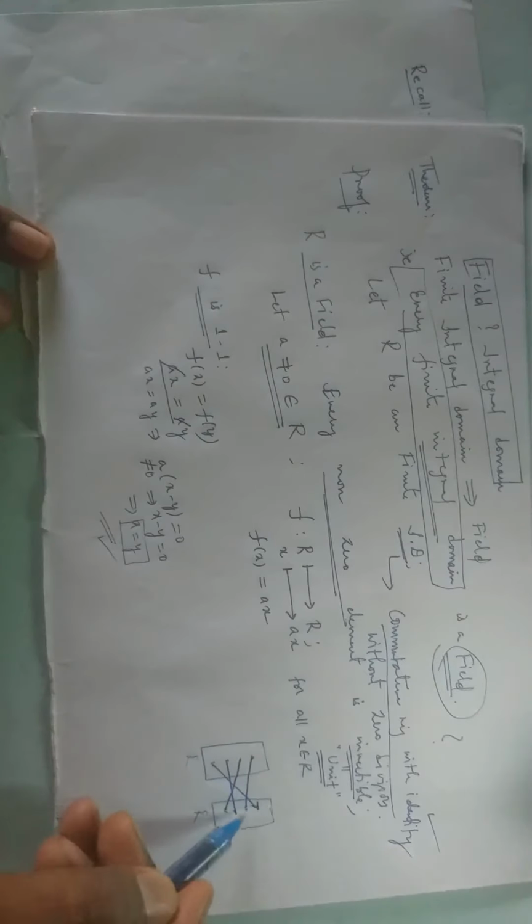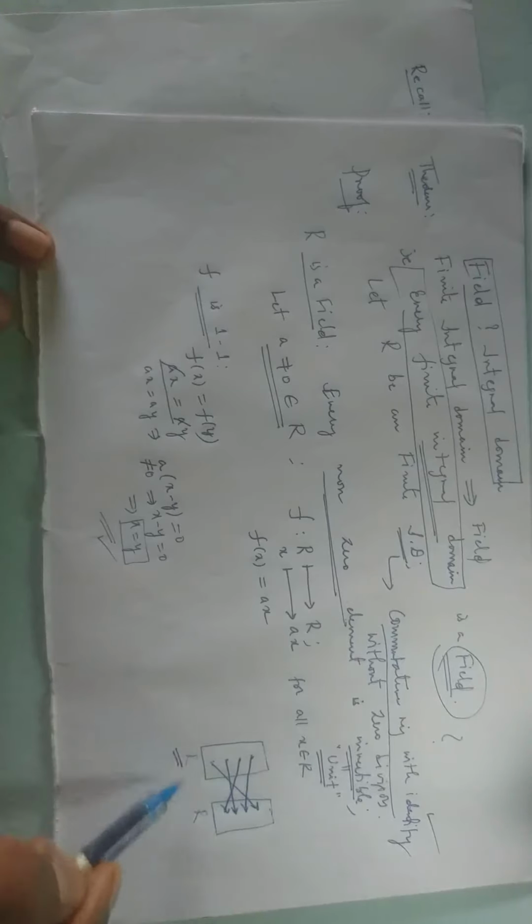See, the virtue of this function is, once you have a finite set, let me say the set is the same. Here also R, here also R. So it has 1, 2, 3, 4 elements. Here it has 1, 2, 3, 4 elements. If it is 1-1, that means one fellow will meet only one. Then exactly it is onto. You can just check, since it's with the same set.